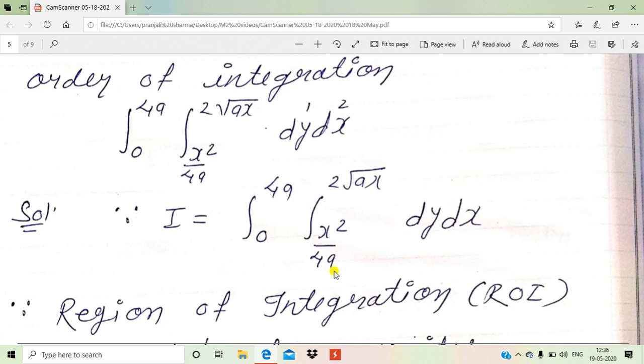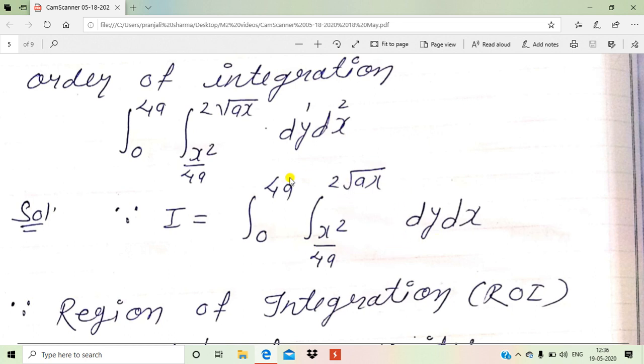To change its order, first we try to trace all the four limits, and the region bounded by all the four limits will be the region of integration. On the same region of integration, the initial strip was vertical, since we are integrating first with respect to y, means the strip will be vertical.